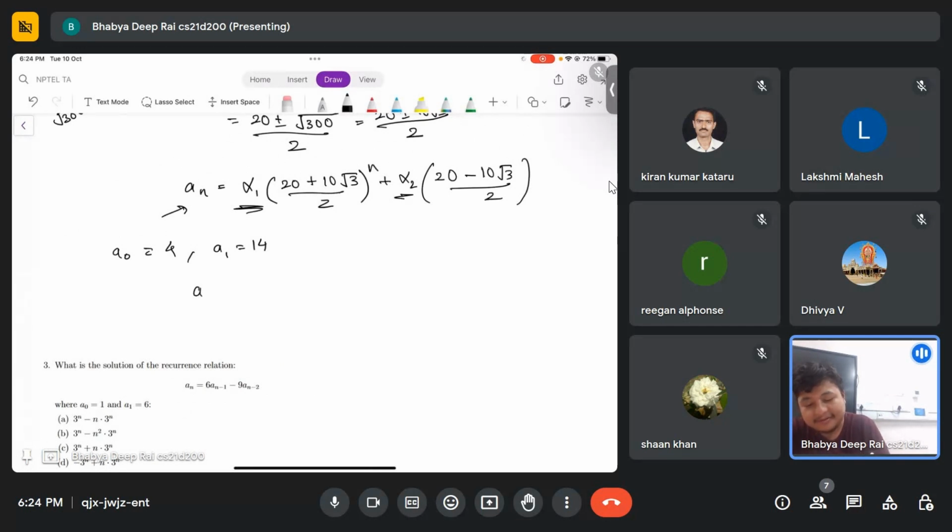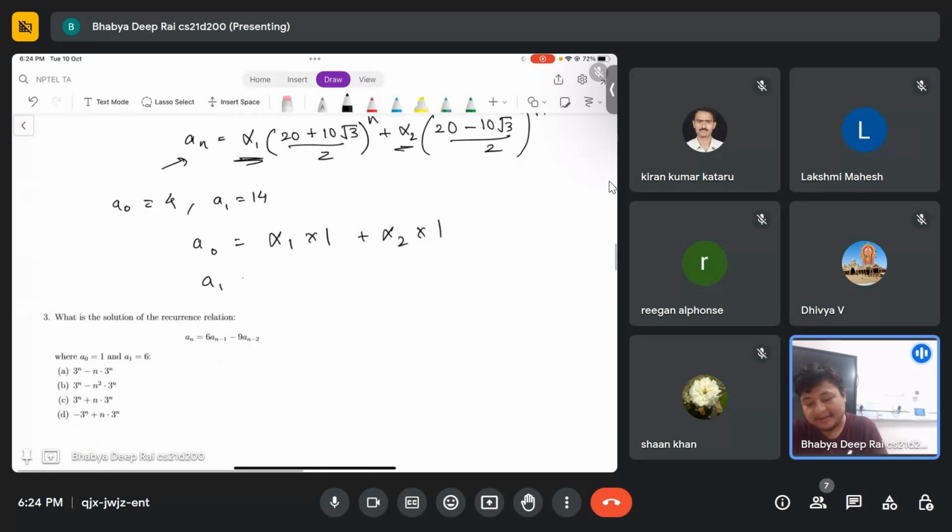Oh, sorry, this is to the power n, right? So a0 equals alpha 1 times 1, because it's power 0, plus alpha 2 times 1. And a1 is just alpha 1 times (20 plus 10 root 3) divided by 2 to the power 1, plus alpha 2 times (20 minus 10 root 3) divided by 2.